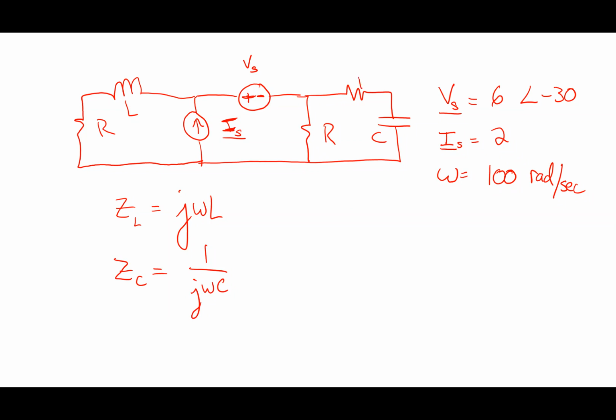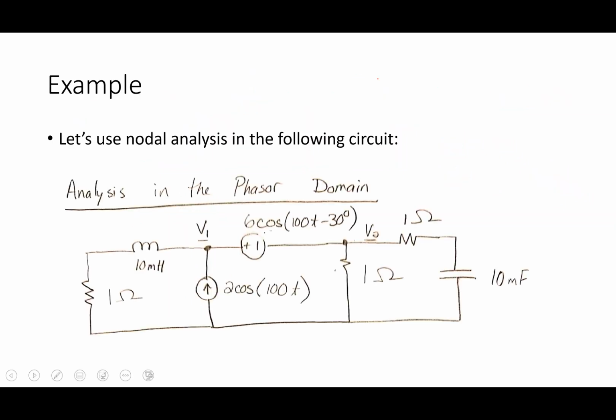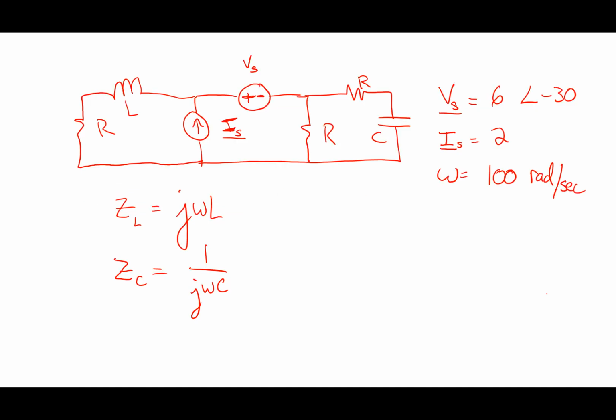Now, in the numbers I'm using in this particular case, all my R's are 1 ohm, and I have 10 millihenries and 10 millifarads. I am going to call this bottom node ground. I'm going to call this one V2 and this one V1.